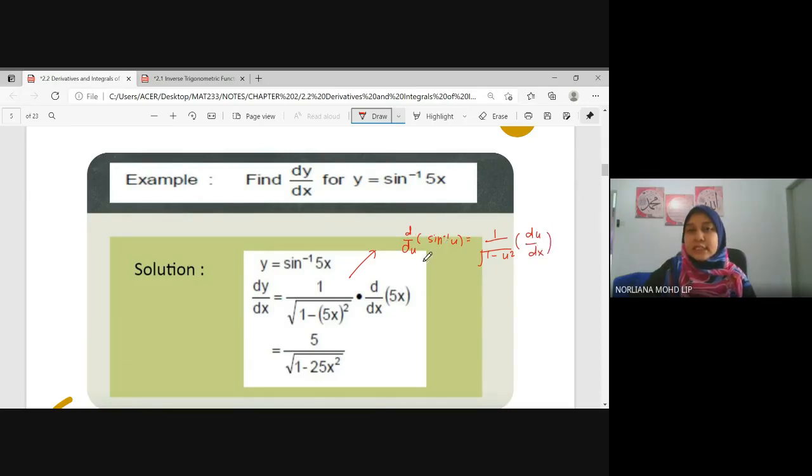For this question, we can let u equal to 5x using substitution. Then du over dx equals 5. We put in 1 over square root 1 minus u square, where u square is 5x square, times du over dx which is 5. So we get this answer.